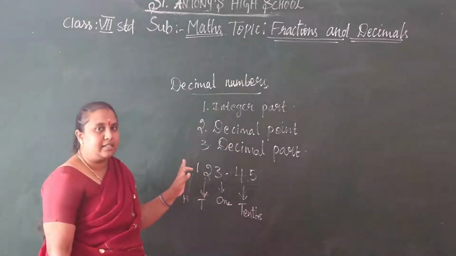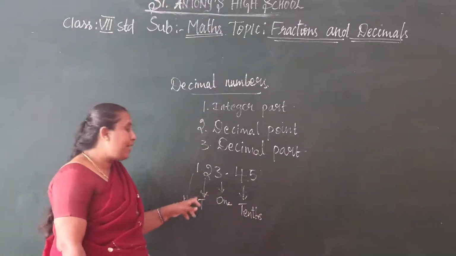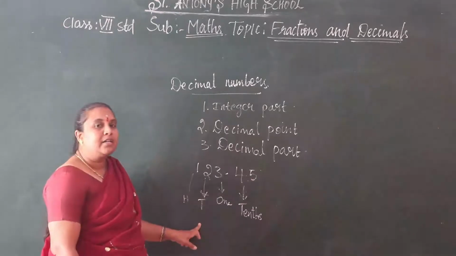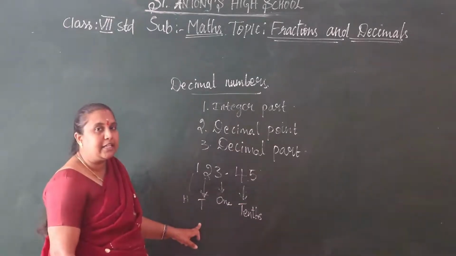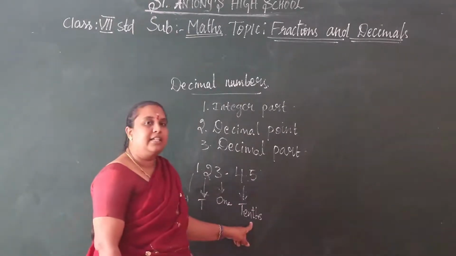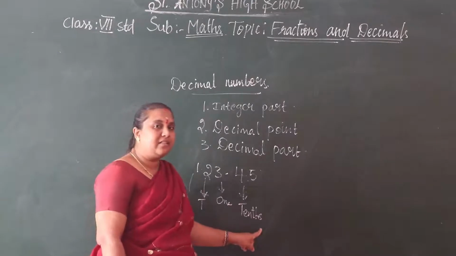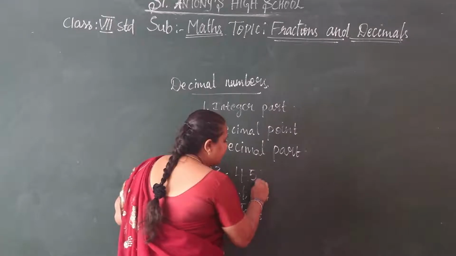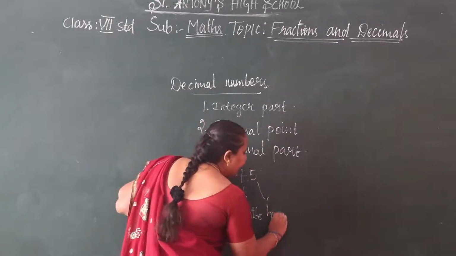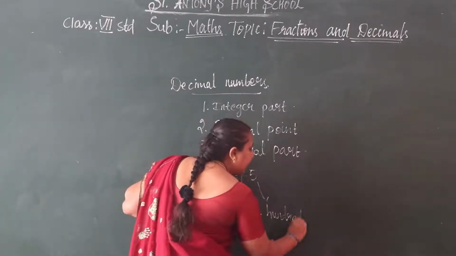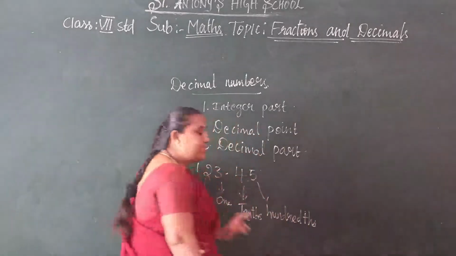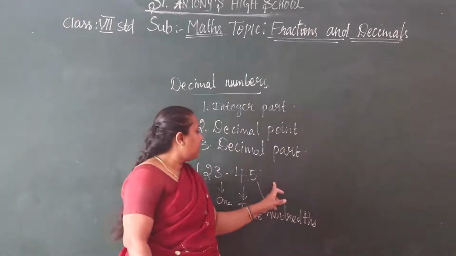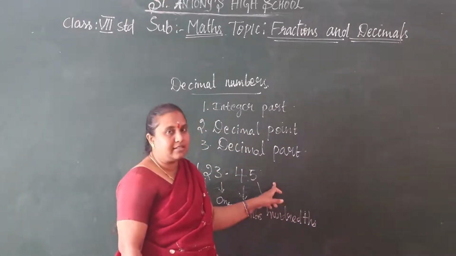Don't say tens, T-E-N-S, which is the tens place in the integer part. Tenths is the place in the decimal part, and then it is hundredths, H-U-N-D-R-E-D-T-H-S, and as I said, another number would be the thousandths place.